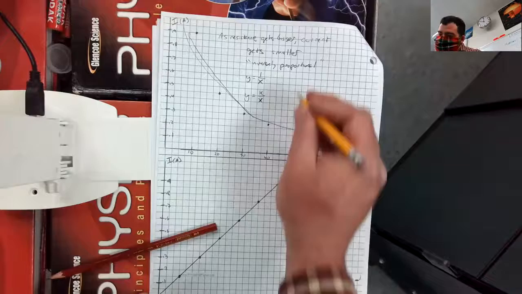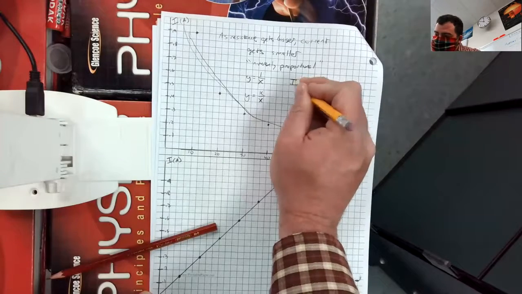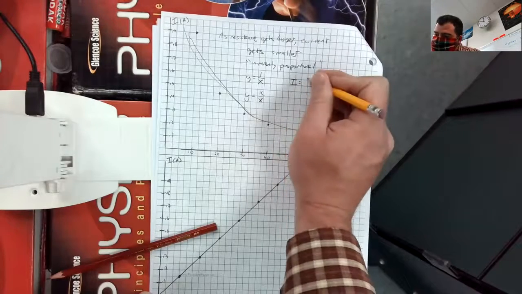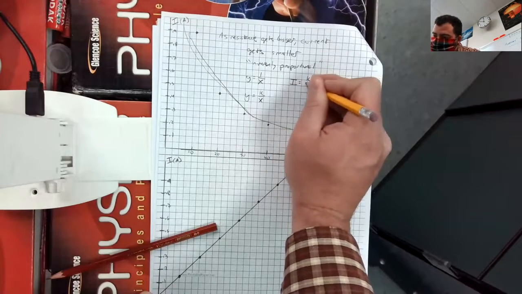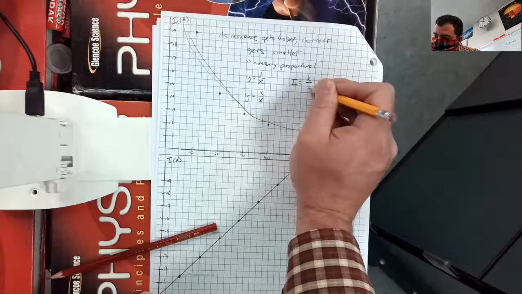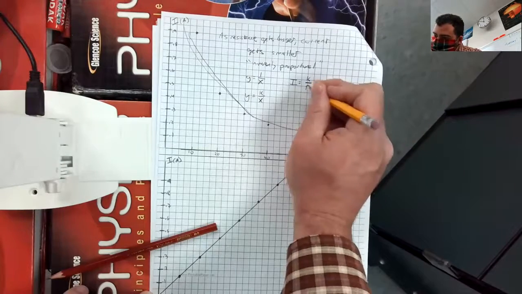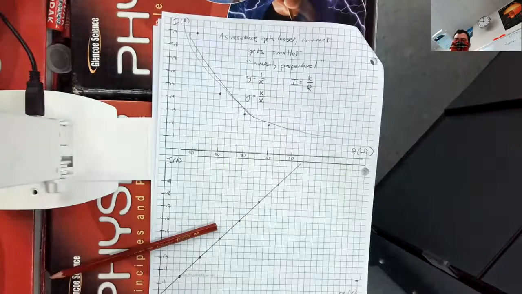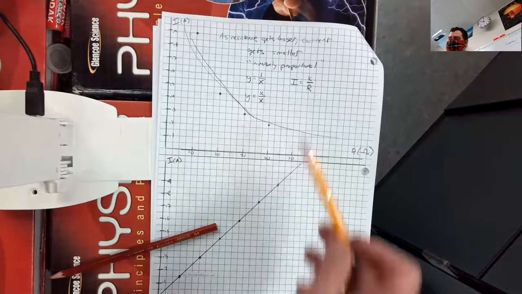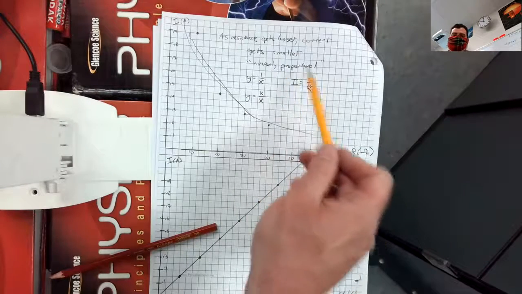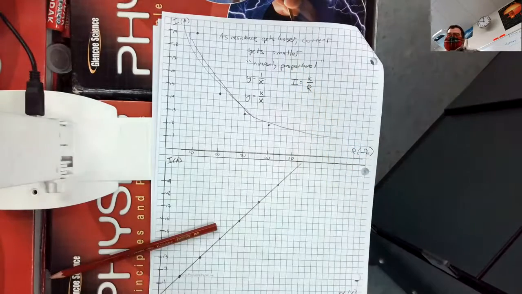We didn't have a y-axis. We had a current axis. So current is some number k divided by the resistance. And that's the mathematical way of writing this. As resistance gets bigger, current gets smaller. Does that seem legit?